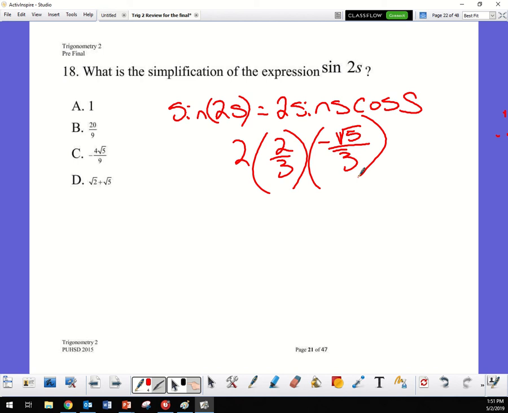I'm going to do 4, right? Yes. Negative 4 rad 5 over 9. So my answer here is C.